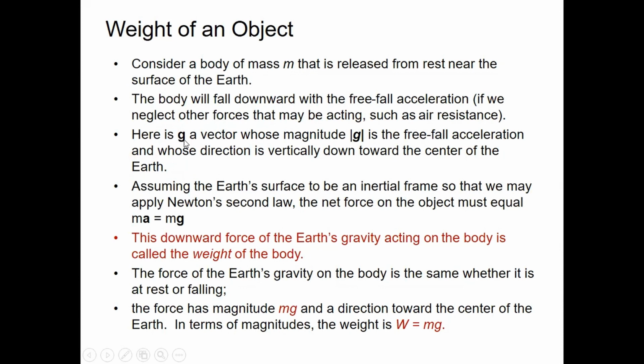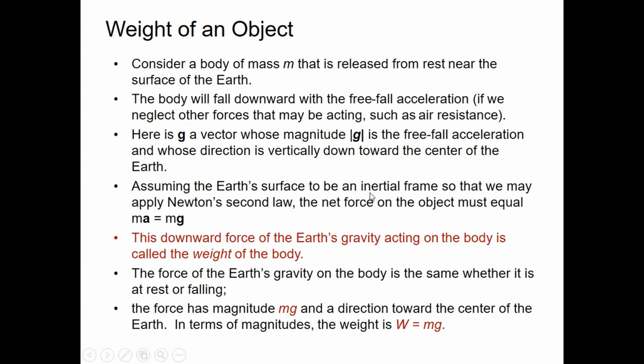Here, acceleration will be g, a vector whose magnitude g is the free fall acceleration downward towards the Earth. Its direction is vertically downward towards the center of the Earth.